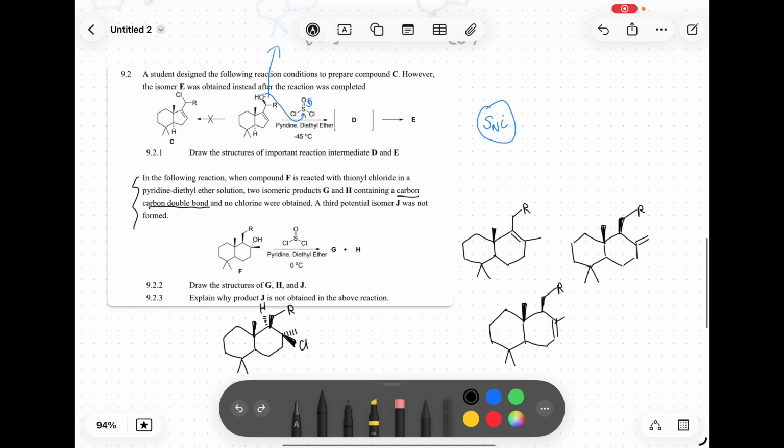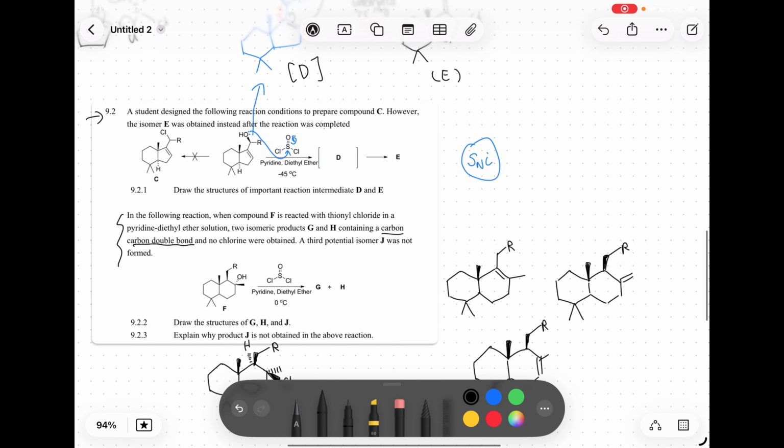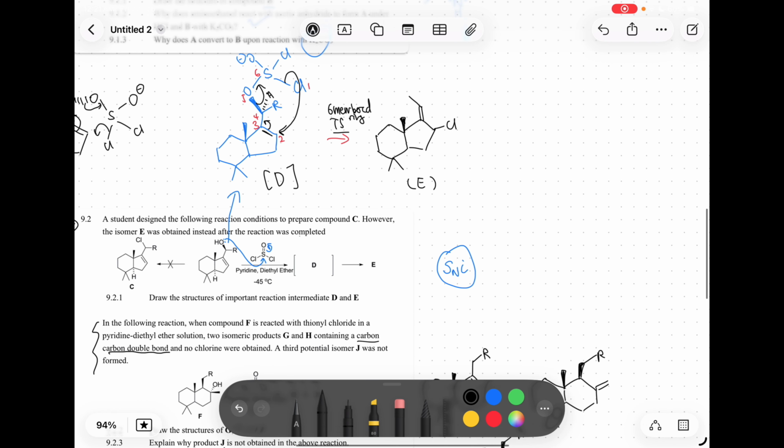So from the previous part, from 9.2, we know that SNi can also occur with the retention of stereochemistry, because it is kind of internal, so nothing kicks the O out through a backside attack.